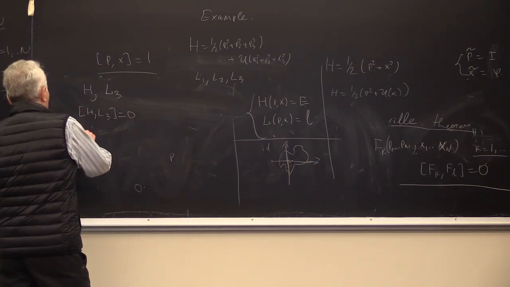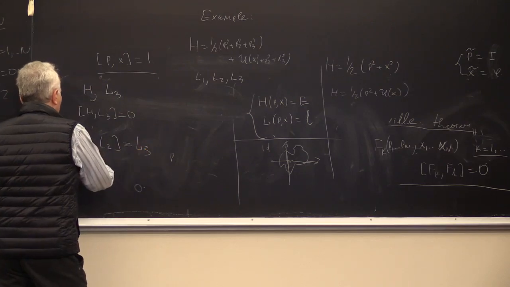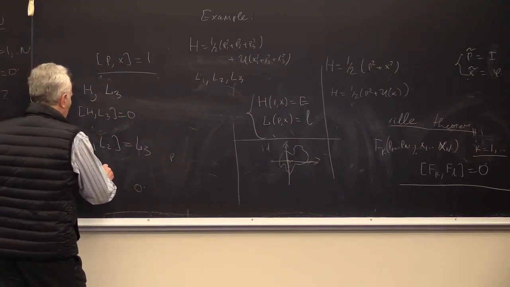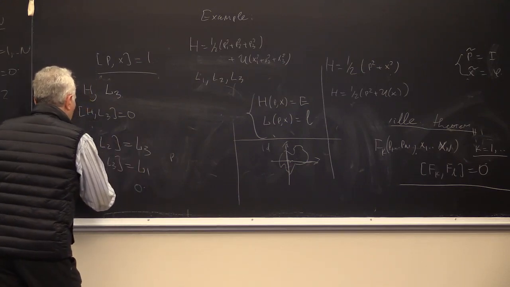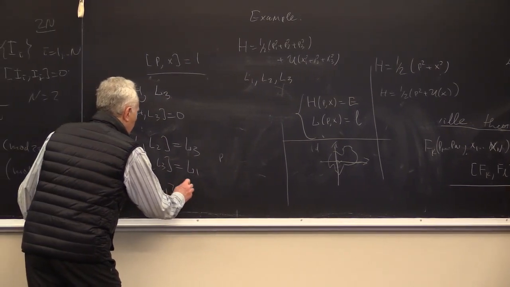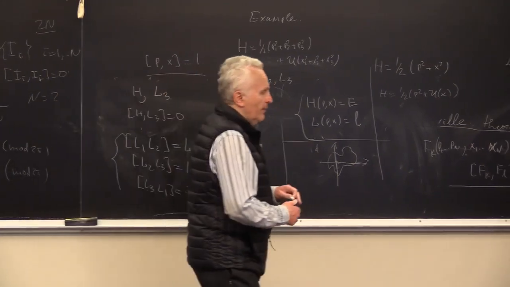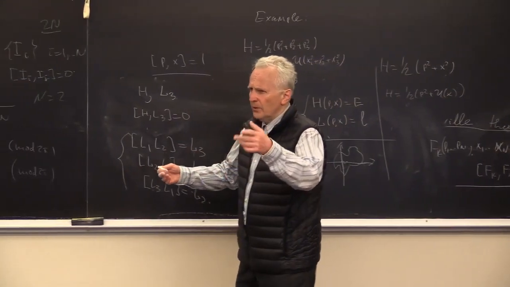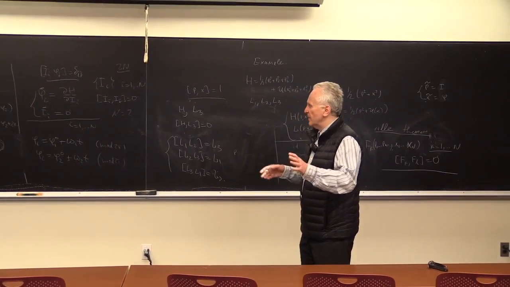What we know is that the bracket of L1, L2 is L3, that's the commutation of rotations; L2, L3 is L1; L3, L1 is L2. So we have these non-zero commutators, or Poisson brackets. That's another synonym. Sometimes I say Poisson brackets, sometimes commutators. It's the same thing.